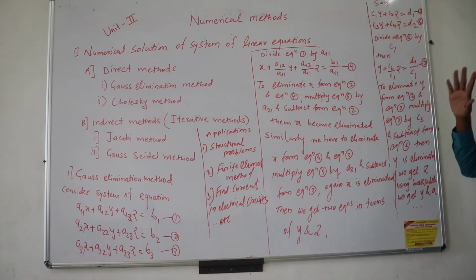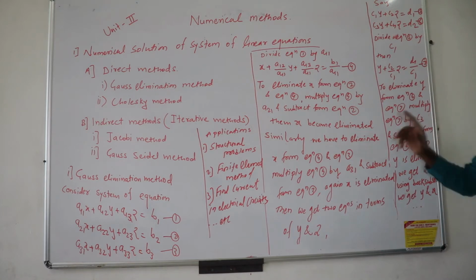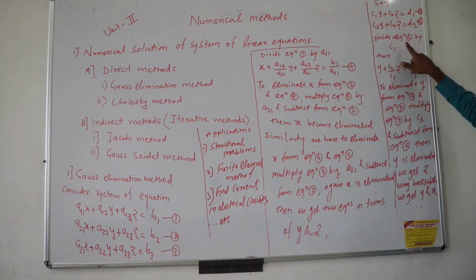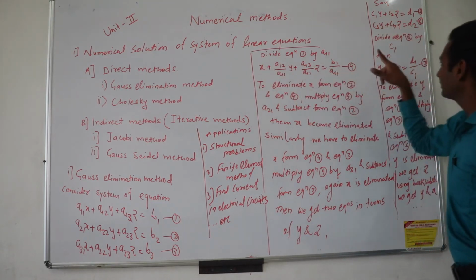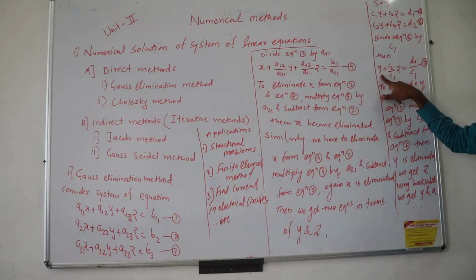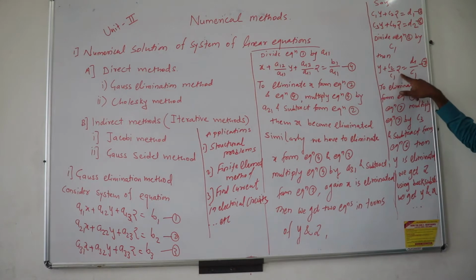Again we have to eliminate y now. We eliminated x first, now we eliminate y. For that we divide equation 5 by C1, so again the coefficient of y is 1, just as we made the coefficient of x 1 earlier. By dividing by C1 we get y plus C2 by C1 z is equal to D1 by C1.